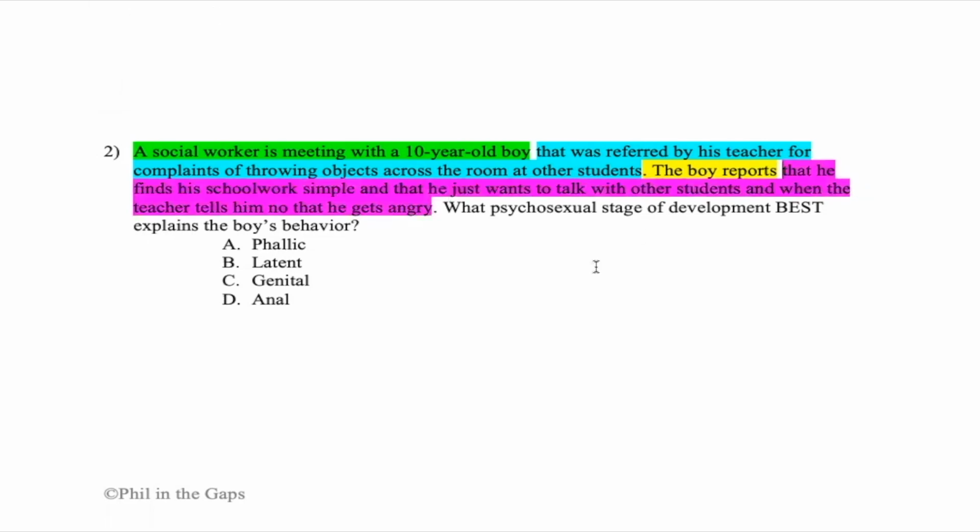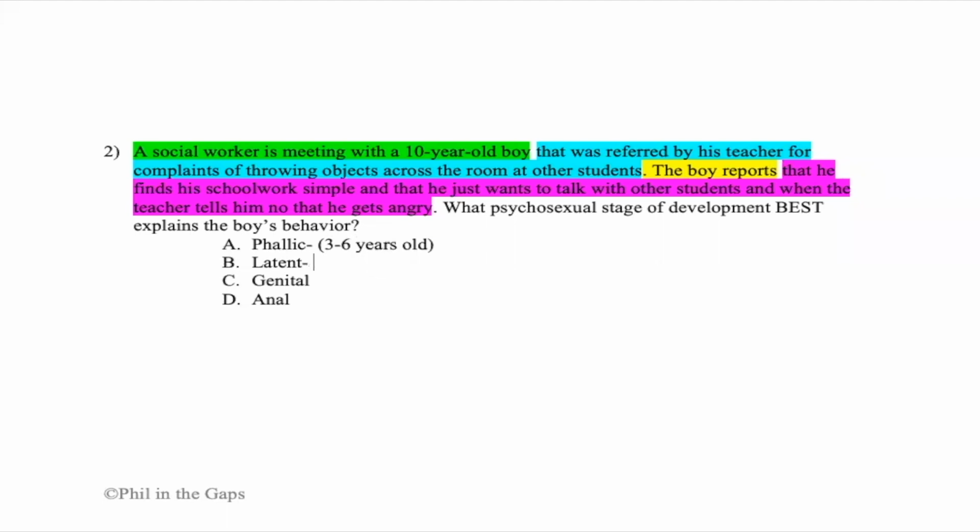So, what psychosexual stage of development best explains the boy's behavior? Let's break down each stage by the age and then compare it back to the question and utilize the specifics of this stage to identify our answer. So, A, the phallic stage is going to be from 3 to 6 years old.